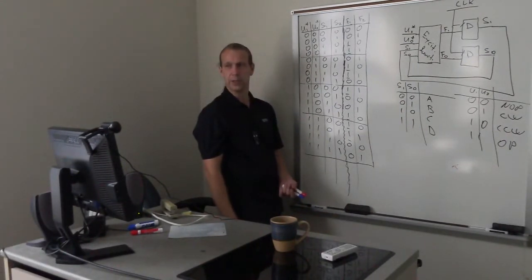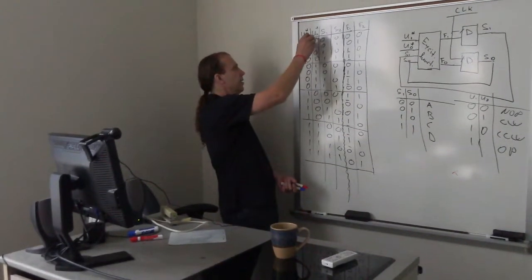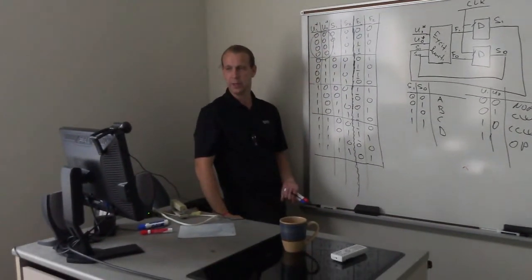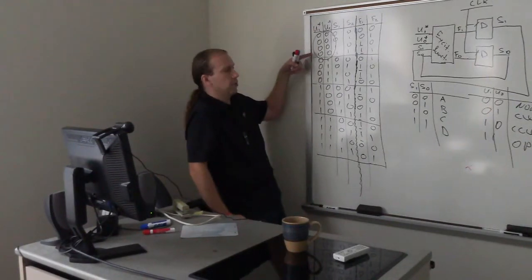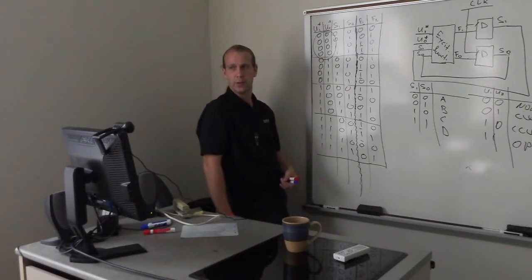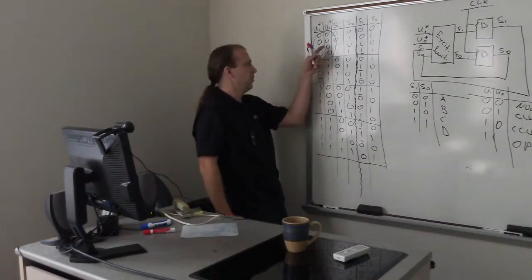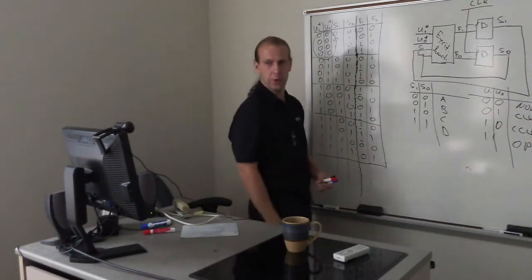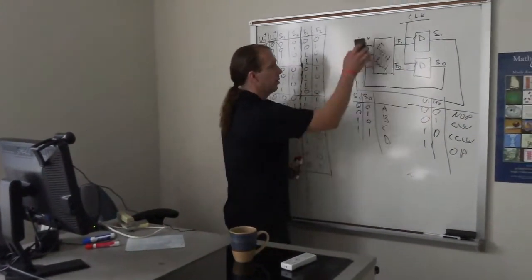And the beauty of this approach is that we have don't care conditions. Any one of these rows is a don't care condition. Any one of these rows does not change the state. But let me first draw the map.